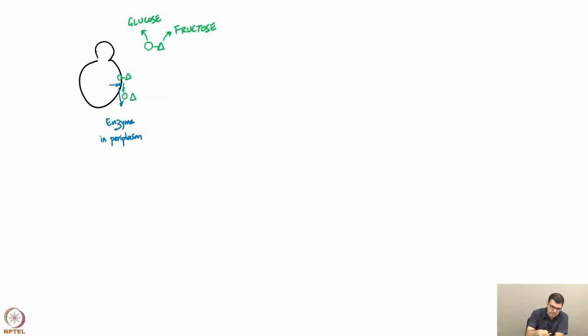That is not the case in this particular example of sucrose. What happens here is that because I am the individual cell in whose periplasm this hydrolysis is taking place, of all the monosaccharides that are produced, people have quantified this, about 98% of all the monosaccharides are released in the environment. But about 2% are for my private use.